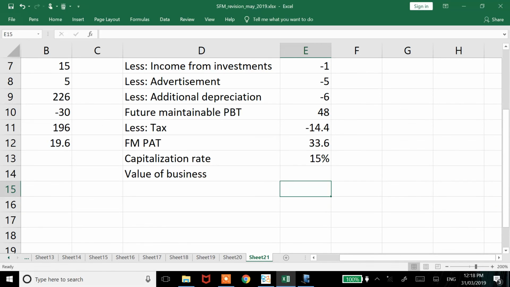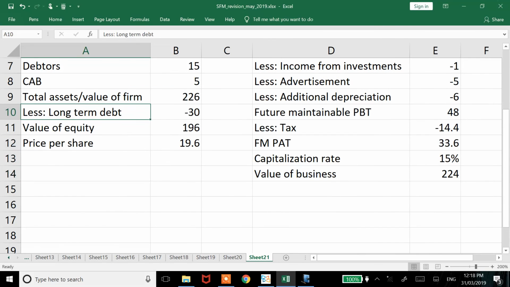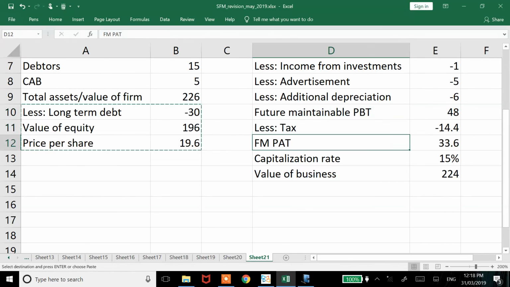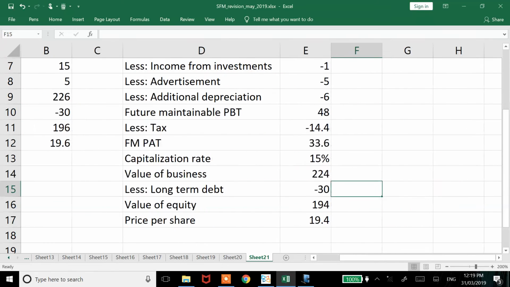If I assume that interest is already deducted, then what you get is the value of equity, because the entire money which is here will go to equity shareholders. If it entirely goes to equity shareholders, that's their own value. If interest is yet to be deducted, then this will go to equity as well as debt holders. So the institute has taken that assumption. They have deducted debt at this place: less long-term debt, value of equity, and price per share.